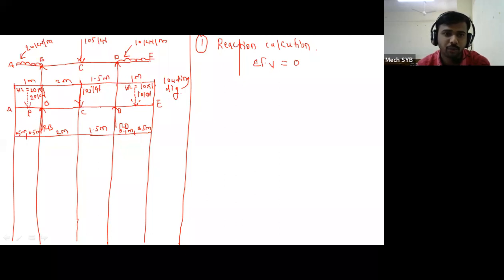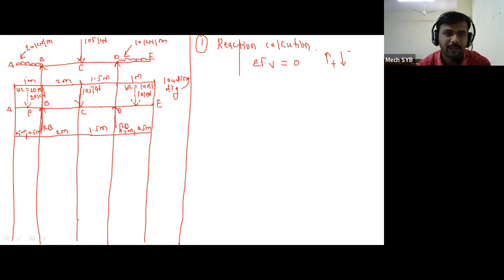These are the 3 forces which are moving in the downward direction, and reactions RB and RD are also forces, but instead of being called point loads, they are called reactions. That means 3 forces moving downward, 2 forces moving upward, total 5 forces are present. As per our sign convention, upward force is positive, downward force is negative.